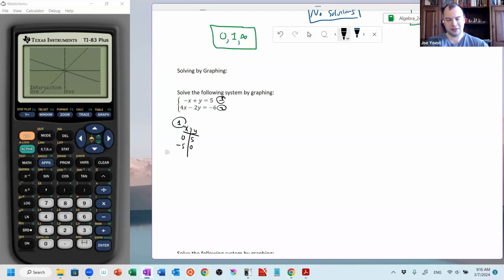And when x is something like maybe 2, y is going to be 5 plus x, or 7. I'm also going to get a few ordered pairs for equation 2 before I set up my graph, because I want to make sure that when I set up my axes, I set them up in a way that's going to let me graph both of them.